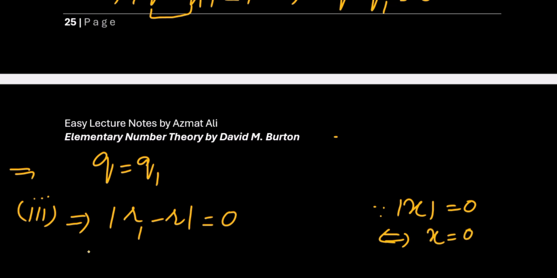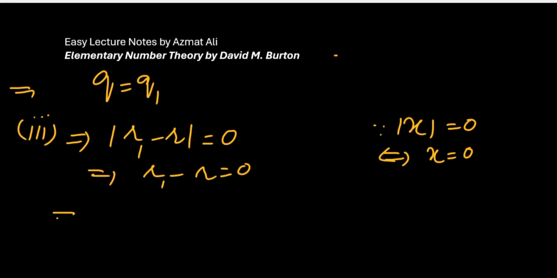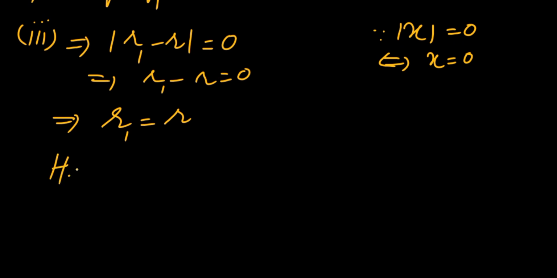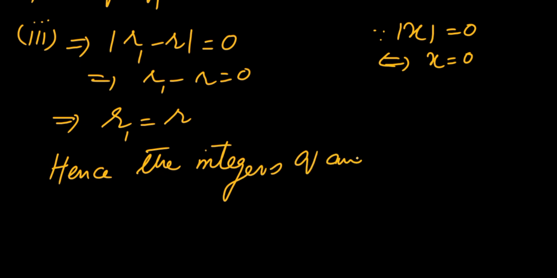This shows R1 minus R is equal to 0, and hence R1 is equal to R. Hence the integers Q and R are unique, and this completes the proof.